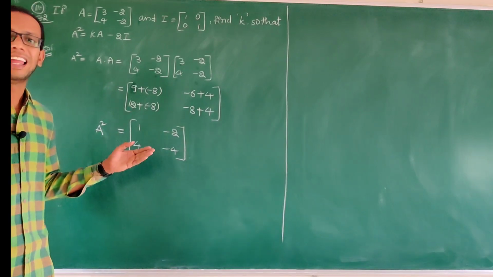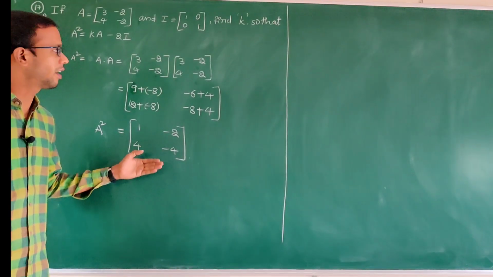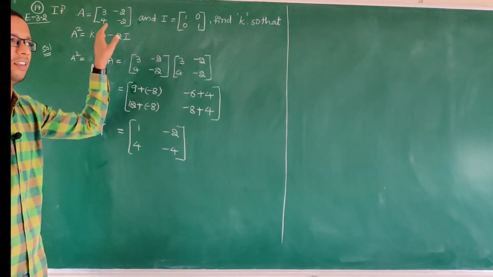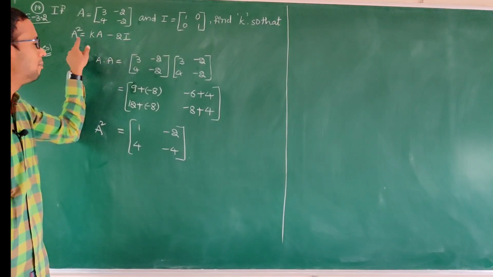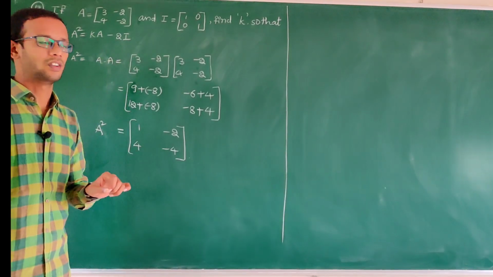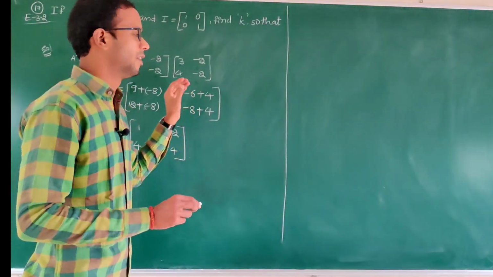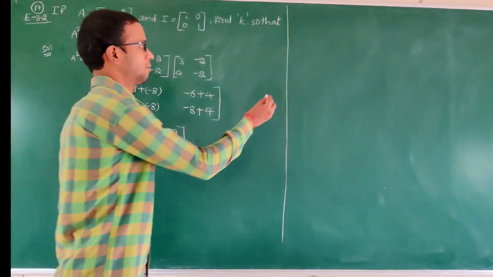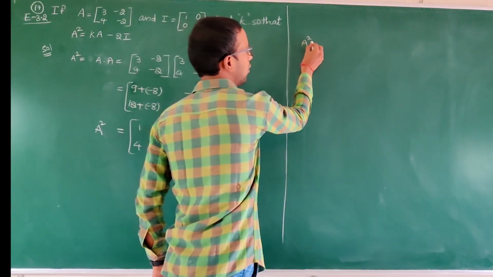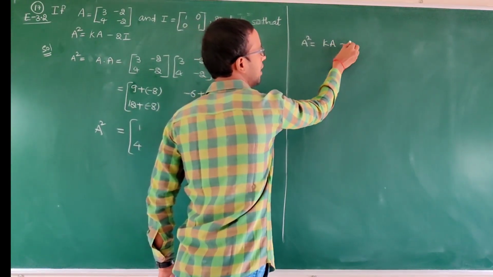So we know the A square matrix, the A matrix and the identity matrix. We substitute all values here, and by the equality condition we find the k value. For that purpose I substitute into the given A square is equal to kA minus 2I.